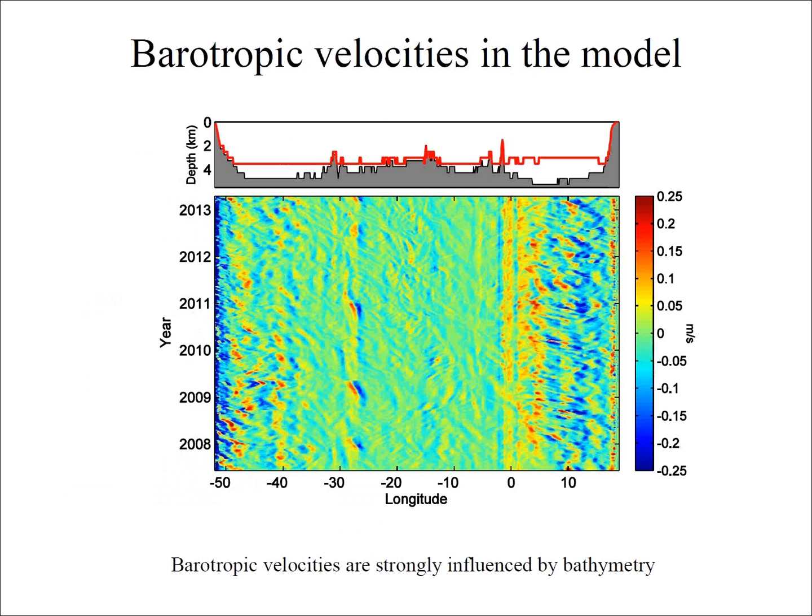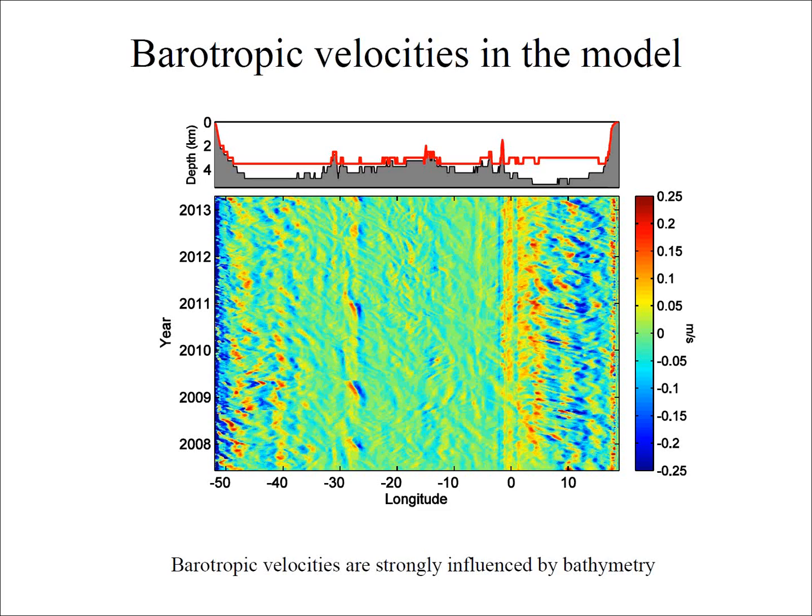So the last point I want to talk about in this part is the barotropic velocities in the model. As you see, the barotropic component generally has really fast propagation patterns, and is generally associated with the bathymetry of the region.